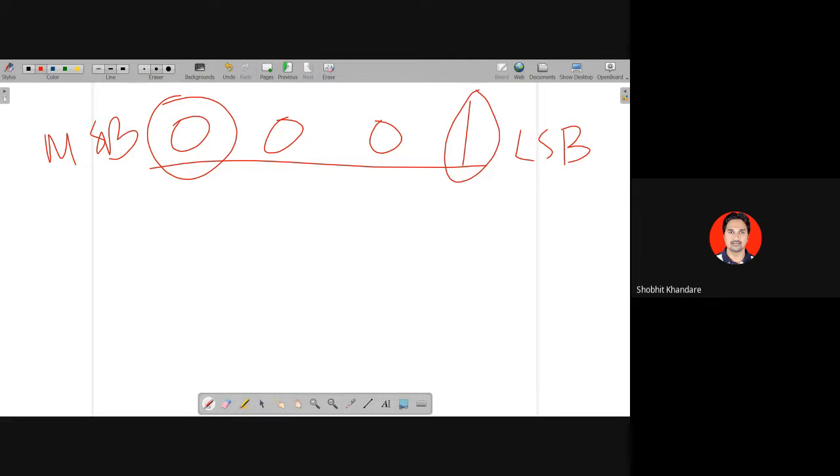So I am showing you how to get the gray code. To get the gray code, we have to see how to convert this binary into gray. So to get your gray code, say this is a BCD or it is a binary, as far as 4-bit representation is concerned, you can take either of the two.